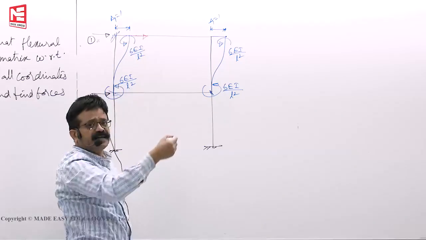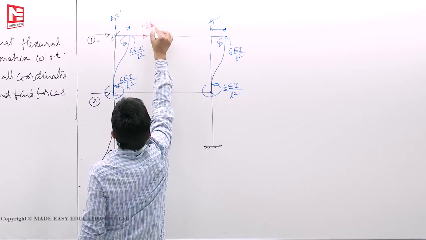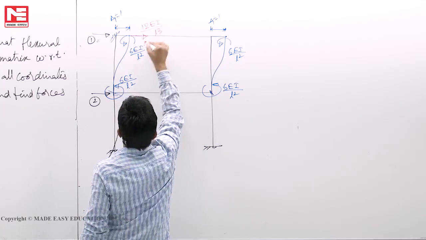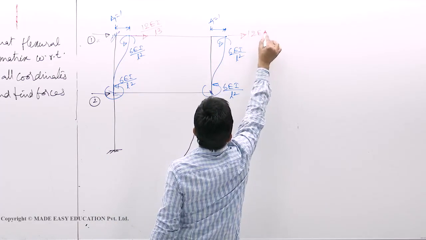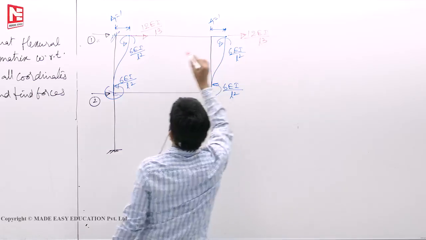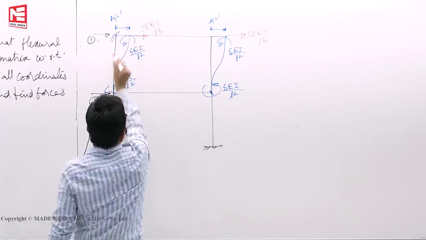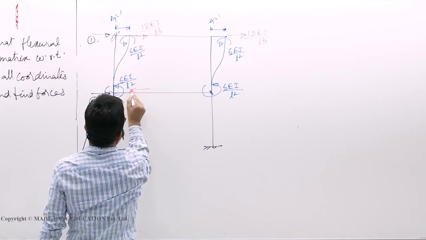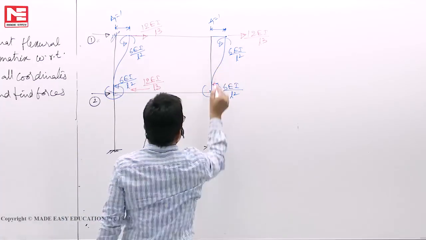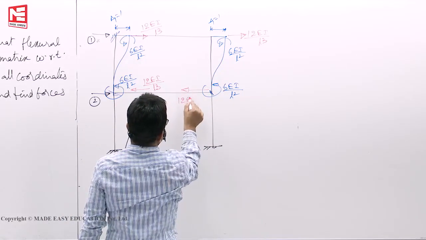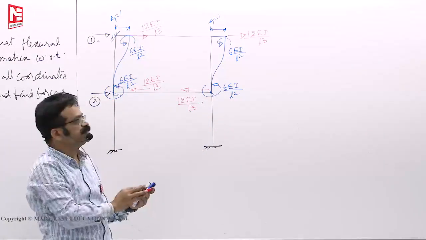Actually it is 12 EI delta by L cube, where delta is 1 now. This is now 12 EI by L cube. This plus this by L. Here also the same, 12 EI by L cube. These two are anti-clockwise, so a clockwise couple will form. Clockwise means this is right side, here it is left side. This is 12 EI by L cube. Here also a left side force will develop. With this the free body diagram is complete.